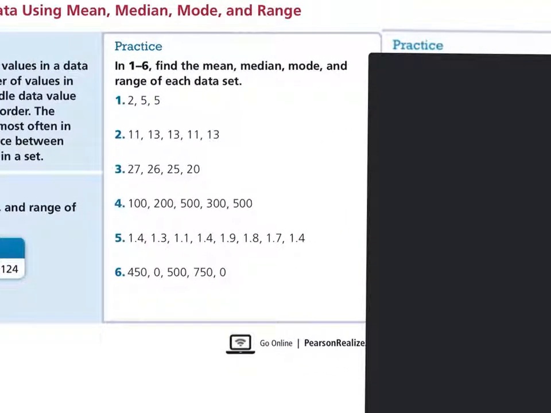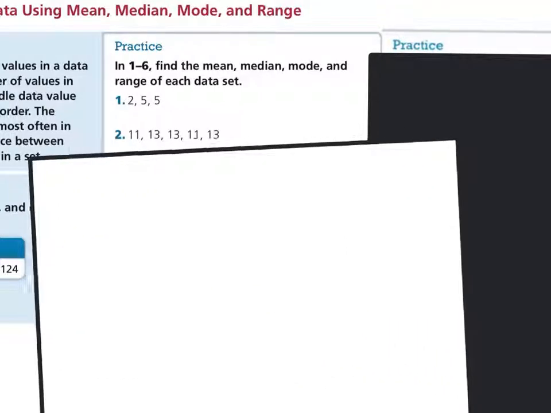So in these problems we're being asked to find the mean, median, mode, and range. It'll take a little bit to work through all of these, so we're just going to look at the first 3 questions. For number 1, these are already in order, so for finding the mean, they wouldn't have to be in order, but we can just add these together.